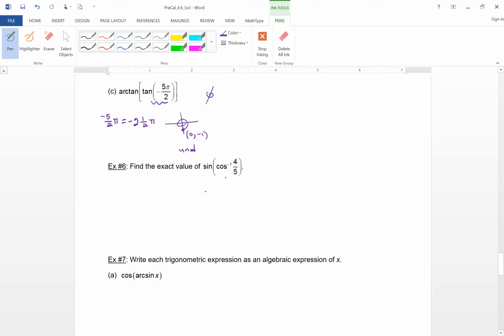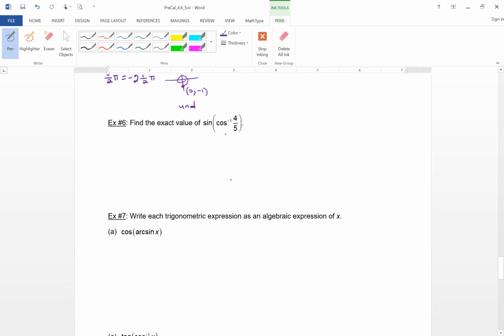All right, now. We're ready? All right. Now, here we have the inverse cosine of 4 over 5, and you have a sine outside. Okay, so sine of inverse cosine of 4 over 5. For once, these don't go away. What you're going to do is start with the inner function.